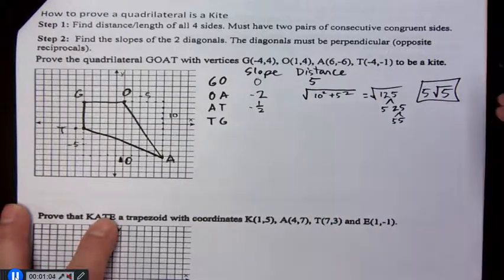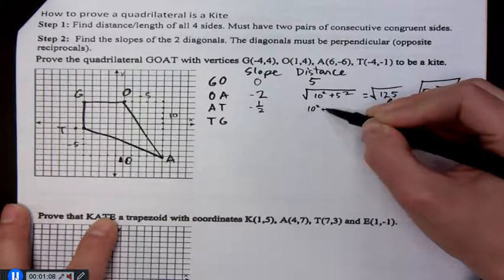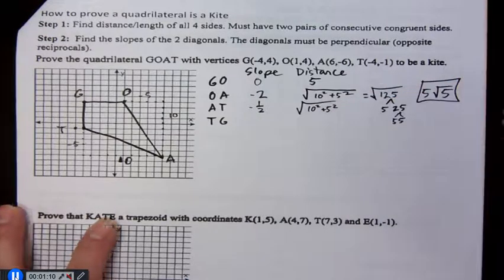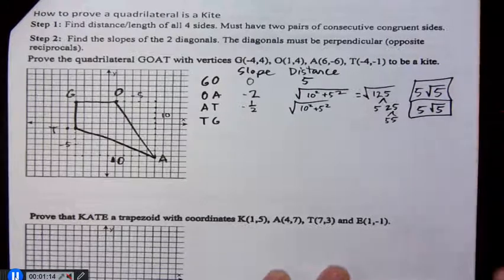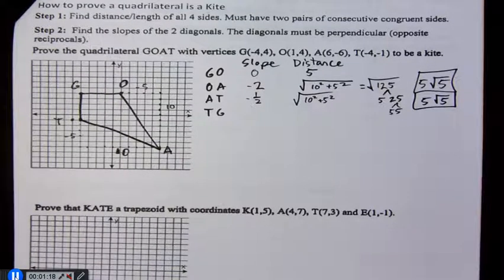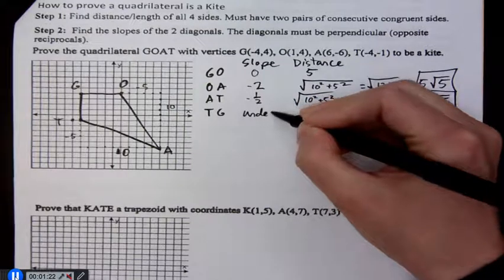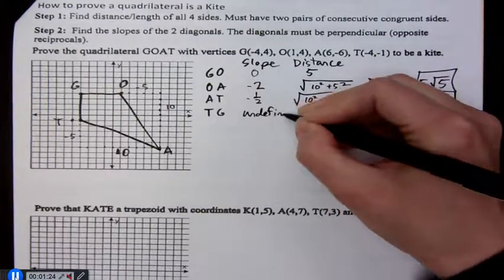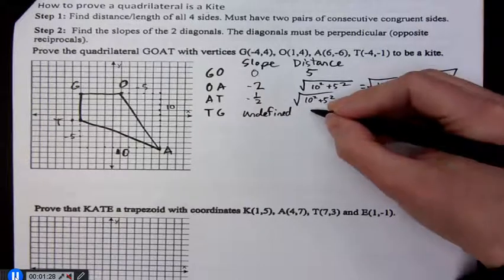And then distance is the same. We have 10 and 5 again, so it's going to come out the same, 5 root 5. And what's the slope of TG? Undefined. And what's the length of TG? 5.